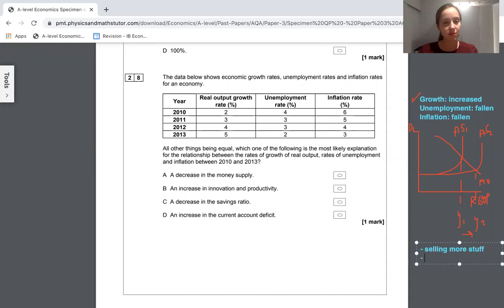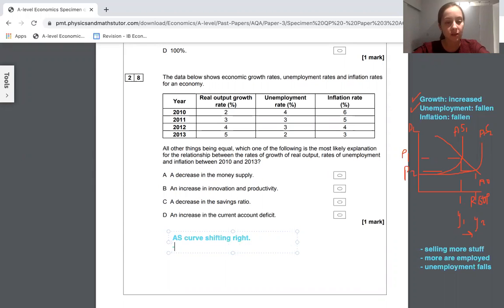It depends a bit, but probably more people are employed. So therefore unemployment falls. So that is good. Inflation has fallen. If you look at the prices, they've gone from P1 to P2. So the takeaway is we are looking for an AS curve shifting right.